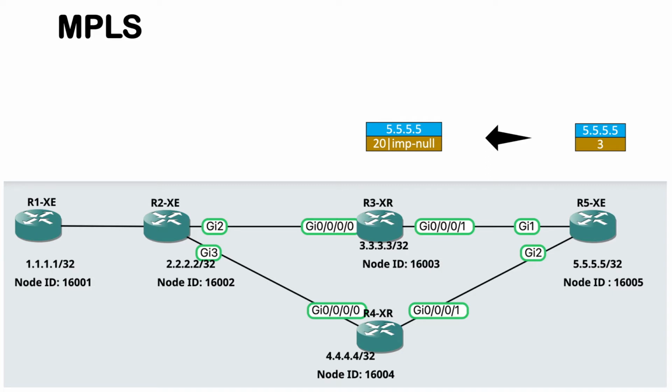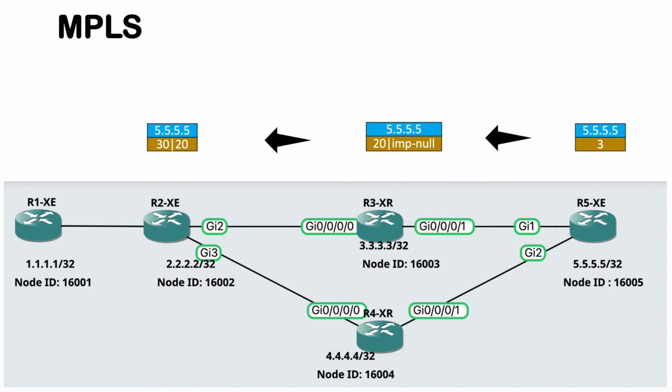So while I'm sending the LDP mapping to the R2XC router, I'll use my local label and the prefix. So the update goes to R2XC and the update has label value of 20. The forwarding table on R2XC would look something like this. The local label would be generated by R2, which is 30 in this case, and the remote label coming from the R3XR router would be 20.